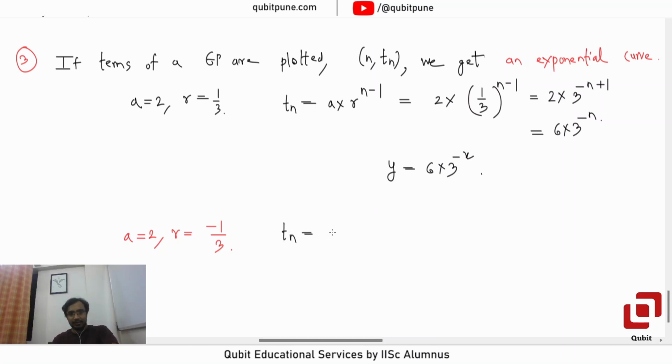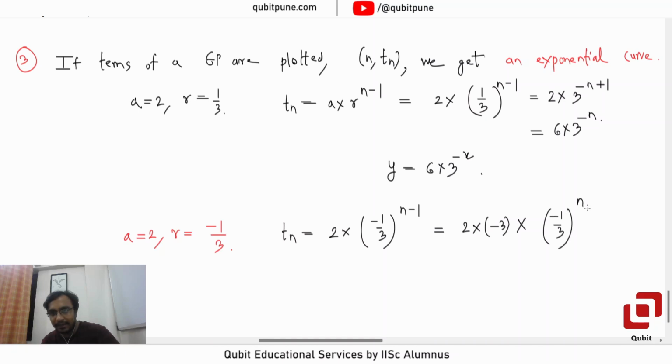So Tn is 2 times negative 1 upon 3 raised to n minus 1, so 2 as it is. Let us take this as negative 3, which is the negative 1 upon 3 raised to minus 1 part, into negative 1 upon 3 raised to n.